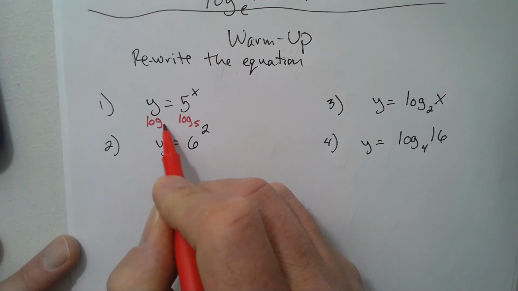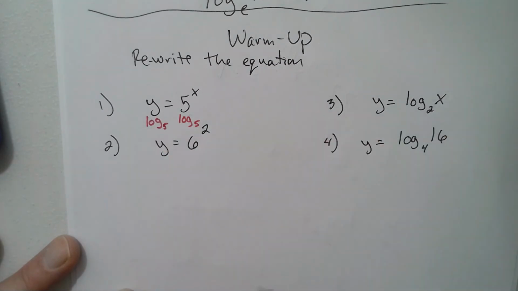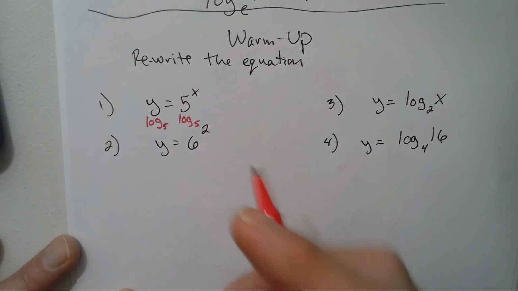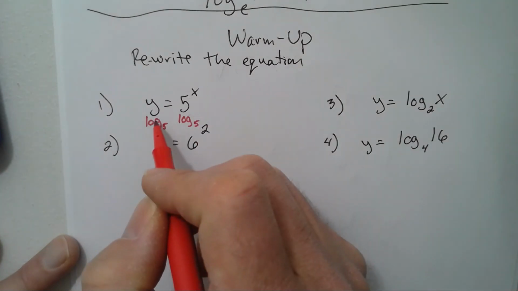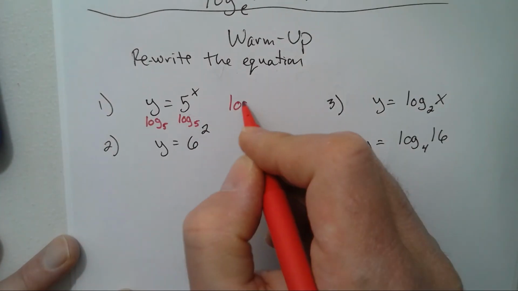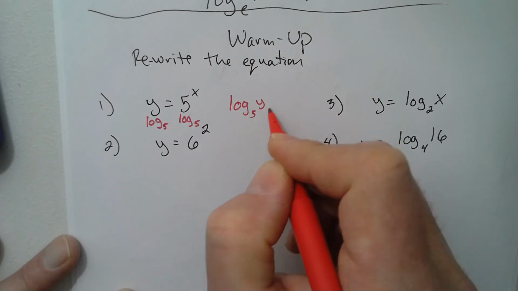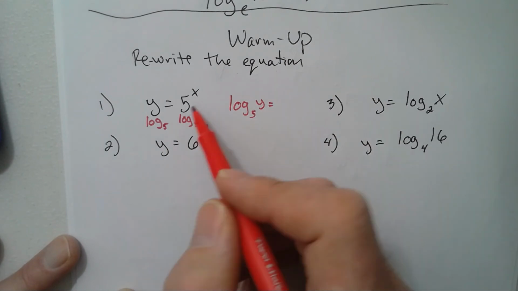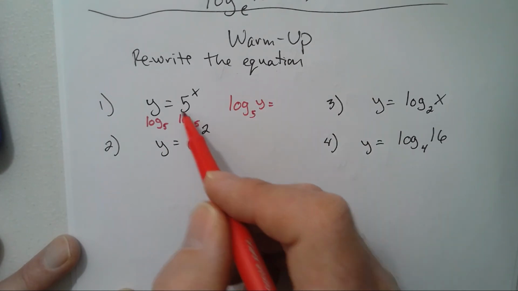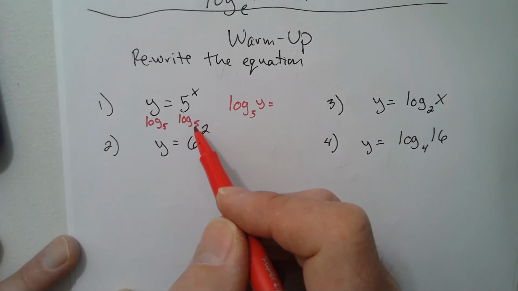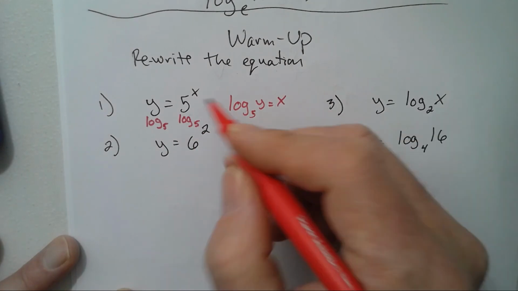So on the left, we're going to end up with the log of y base 5. And on the right, the 5 and log base 5 are inverses of each other. These undo each other, so you're just left with x.